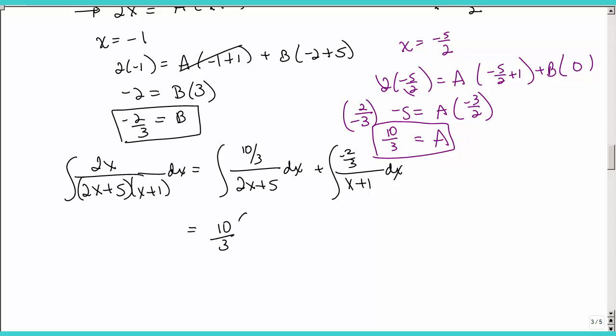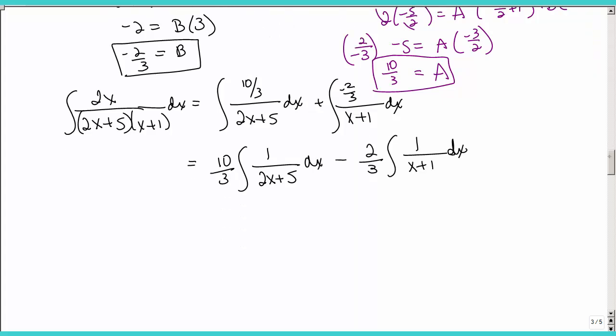So let me write that a little bit neater. I'm going to try. Okay, so now I'm ready to integrate. So remember, the integral of 1 over u du is equal to the natural log of the absolute value of u. But I have to have du. So if u is 2x plus 5, then du is 2 dx.